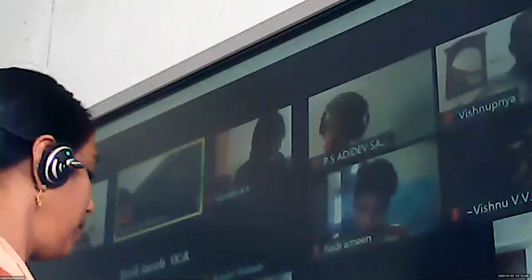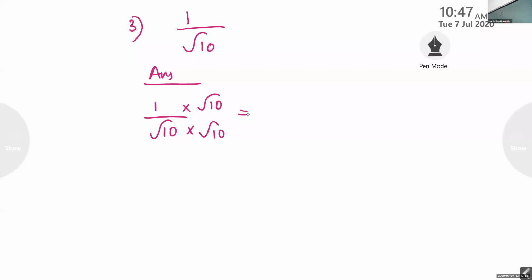Okay, can you tell the answer? 1 into root 10, what is that? 1 into root 10 is root 10 itself, right? So root 10 by 10. Root 10 is 3.162, so 3.162 divided by 10. And how will you divide it?